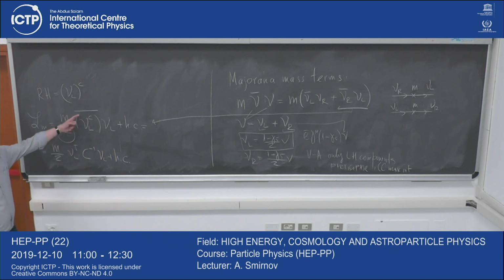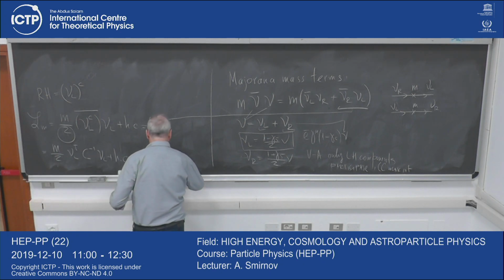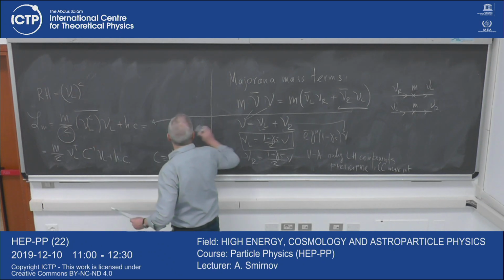I'm using explicitly this Dirac conjugation, so I have double conjugation, and that gives nu L without any conjugation. But then this C matrix appears, which, let me remind, is i gamma 2 gamma 0.